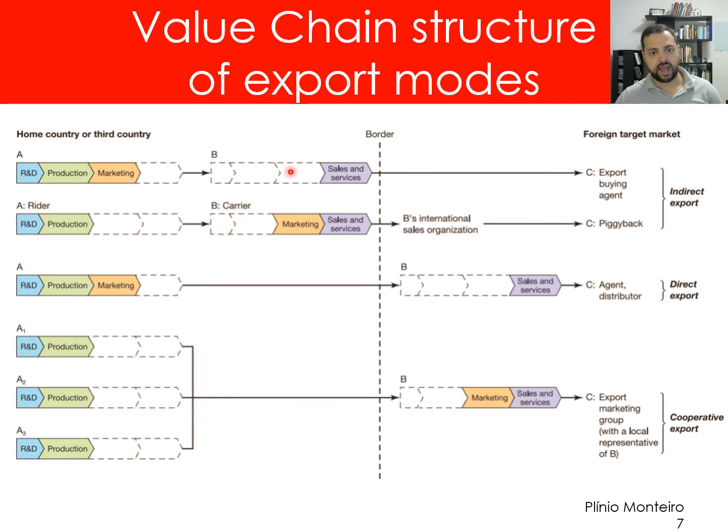And then you have in the same market your sales and services. But as you can see, this activity of sales and services will be under the responsibility of another company. And then this company will sell the product to the market, the target market.